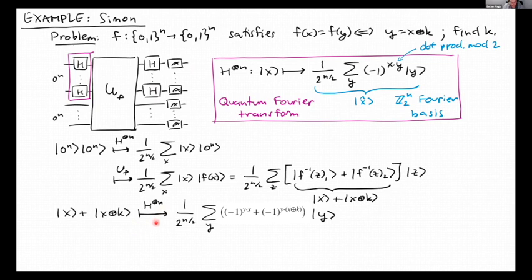I Fourier transform this, and by the definition of the Fourier transform, I get this state. I'm just applying it here and here. And now, with a little bit of arithmetic, you can see that this state is a uniform superposition over all n-bit strings y which are orthogonal to k.